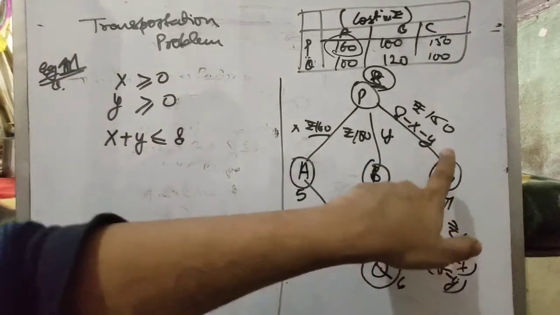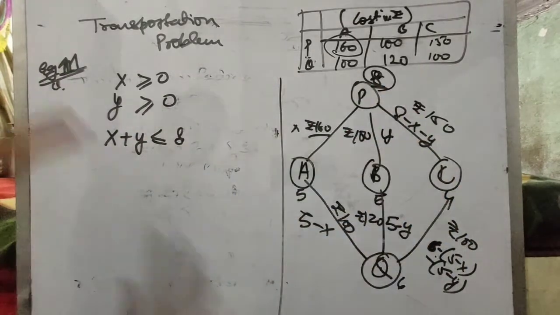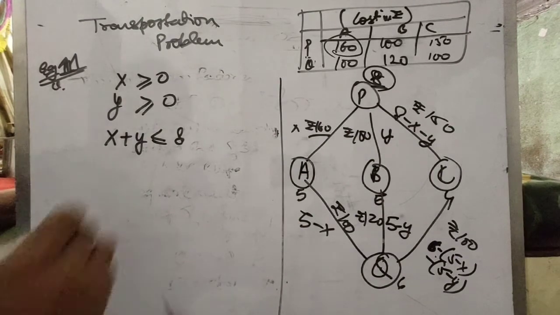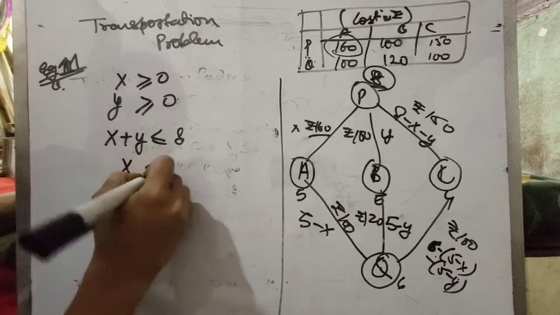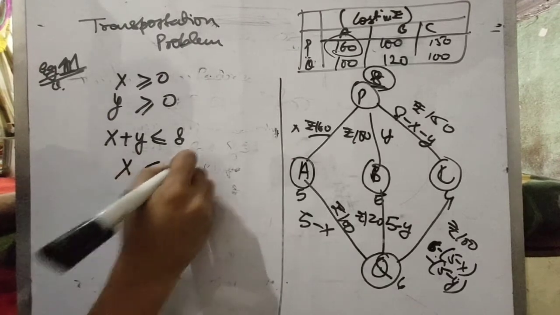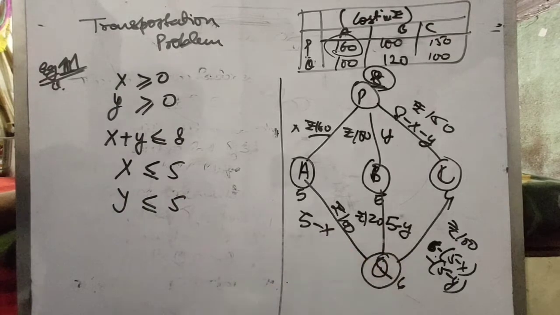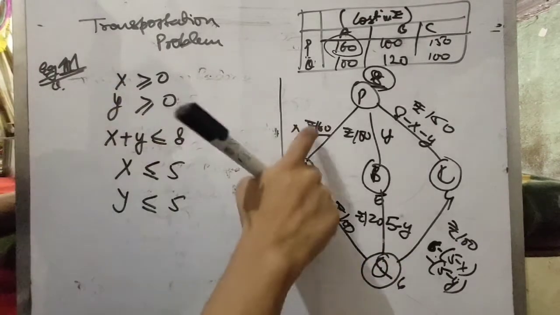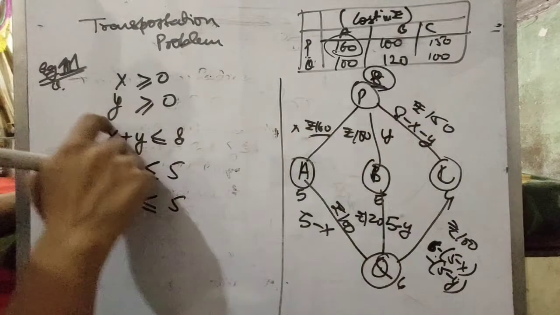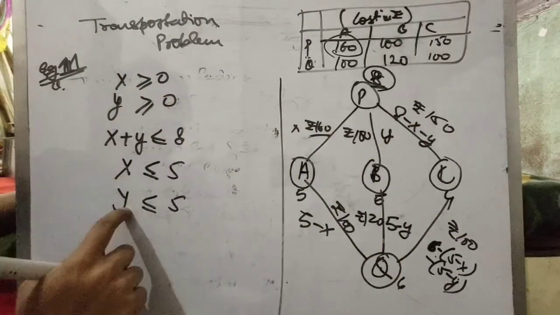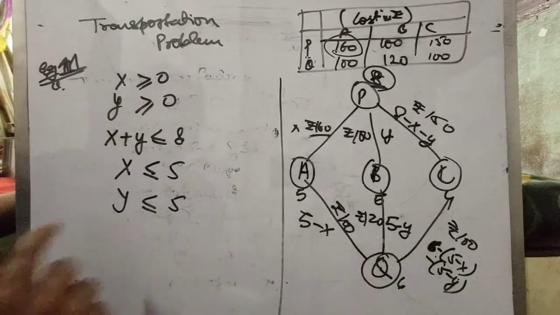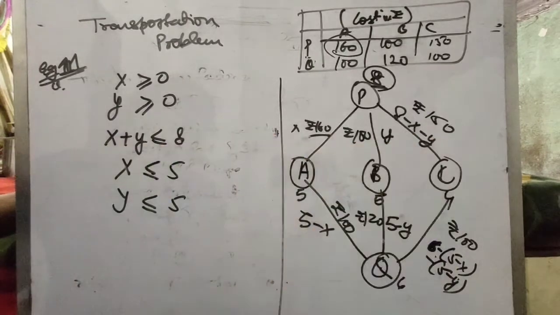With this equation you can just see that X plus Y's value will be less than 8. Another equation will be X less than or equal to 5, and Y less than or equal to 5. From these two you will get these equations.